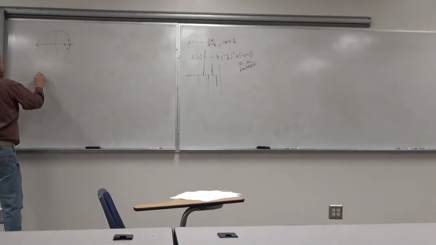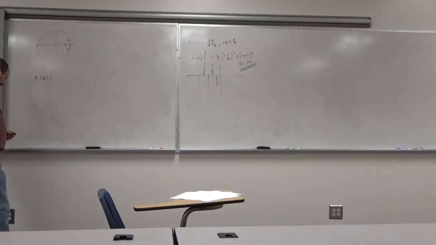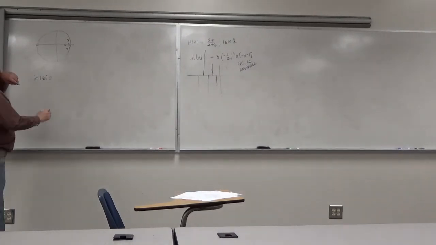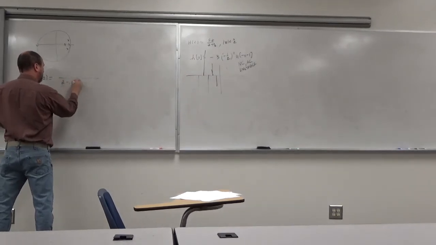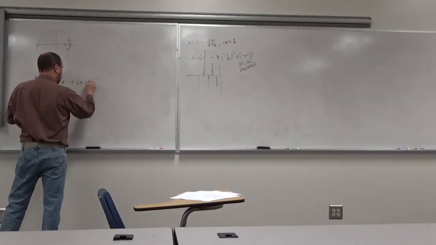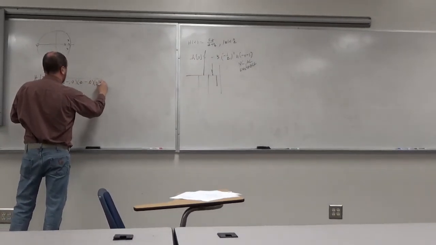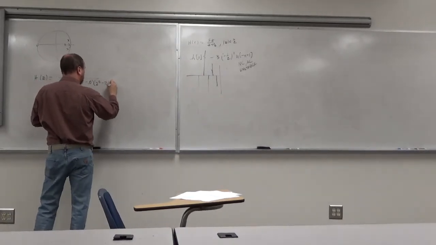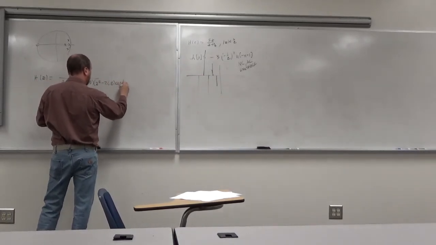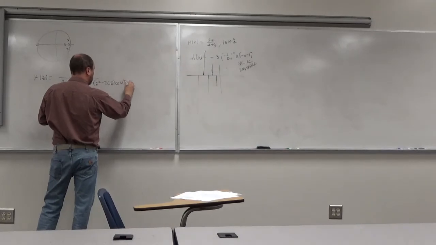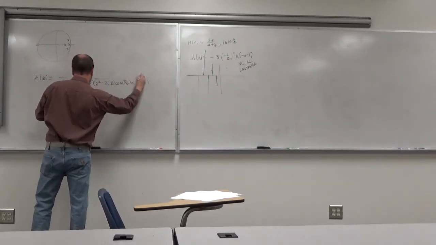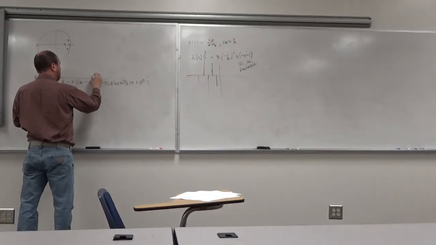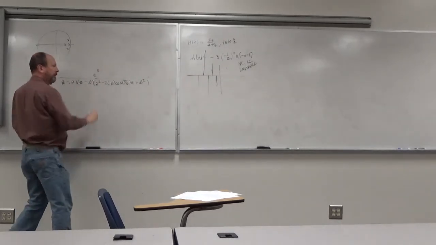So I'm going to say H of z is, in the denominator, let's say z minus 0.9, z minus 0.8, z squared minus 2 times 0.8 times cosine pi over 10 z plus 0.8 squared. You recognize that form? And then let's just say like z cubed up here.